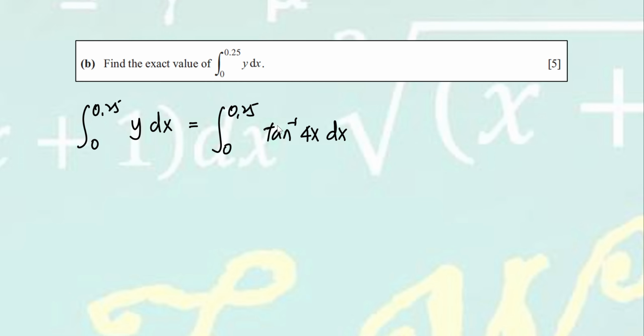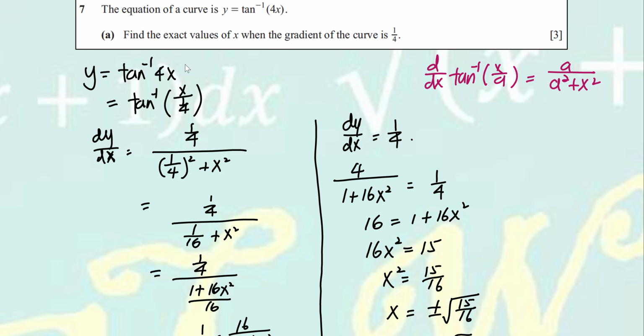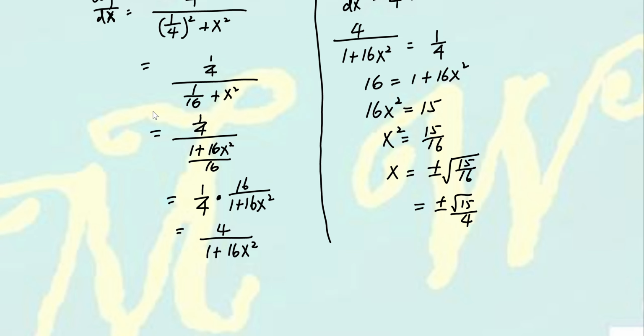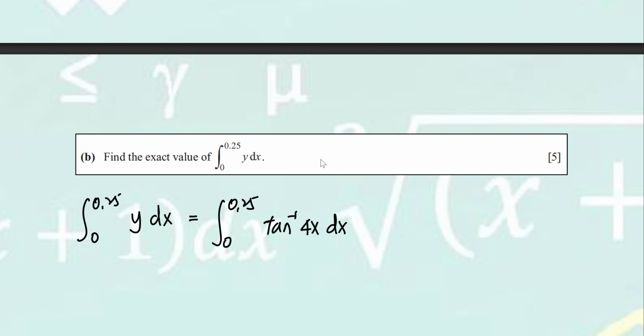What we need to do is change it into by parts, because from the previous part, if your y is arctangent 4x, we can differentiate to get this result. So that means if I use by parts, my u will be arctangent 4x. So it is the same as 1 times arctangent 4x. That means my 1 will be the dv.